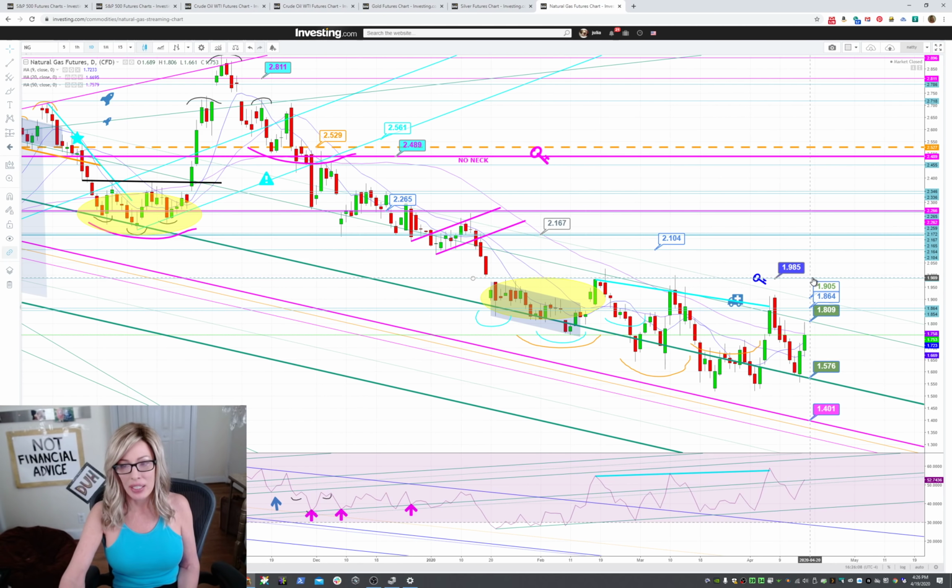And then, not if it gets above, but if it closes above, because look what it's done so far. It's worn out this resistance, which I'm totally into. It's worn it out a couple times. So next time it closes above 1.985, that might be a trend change.